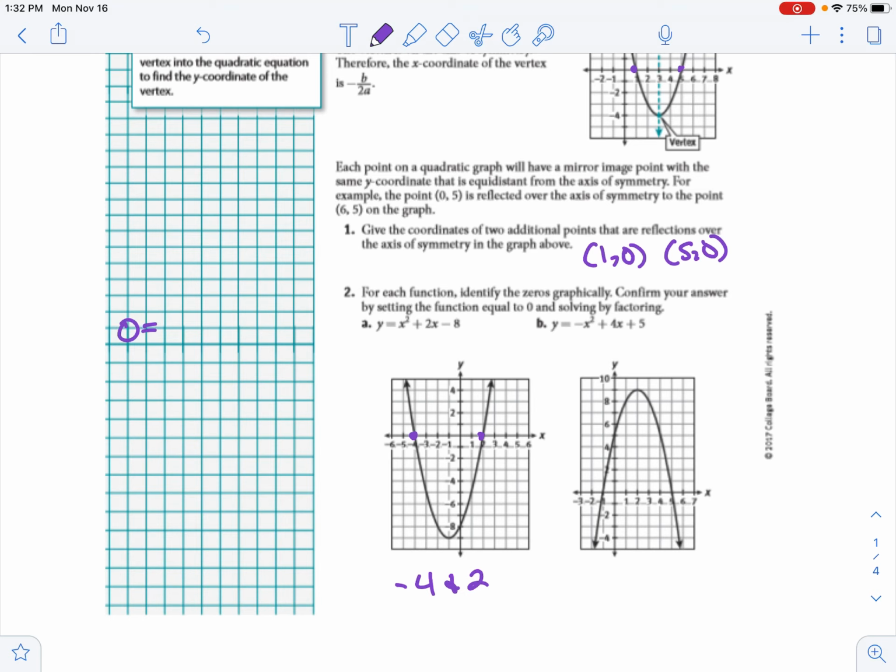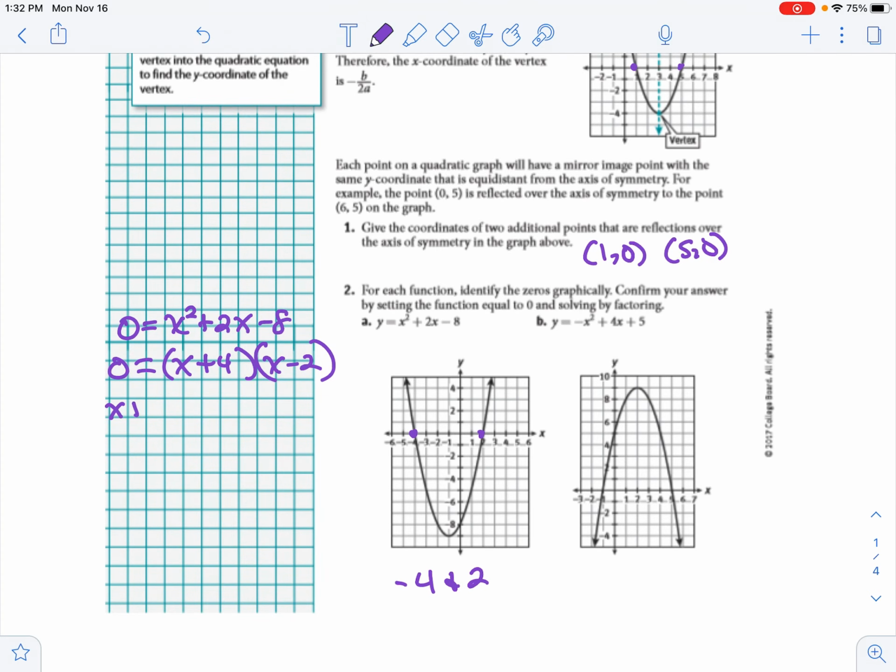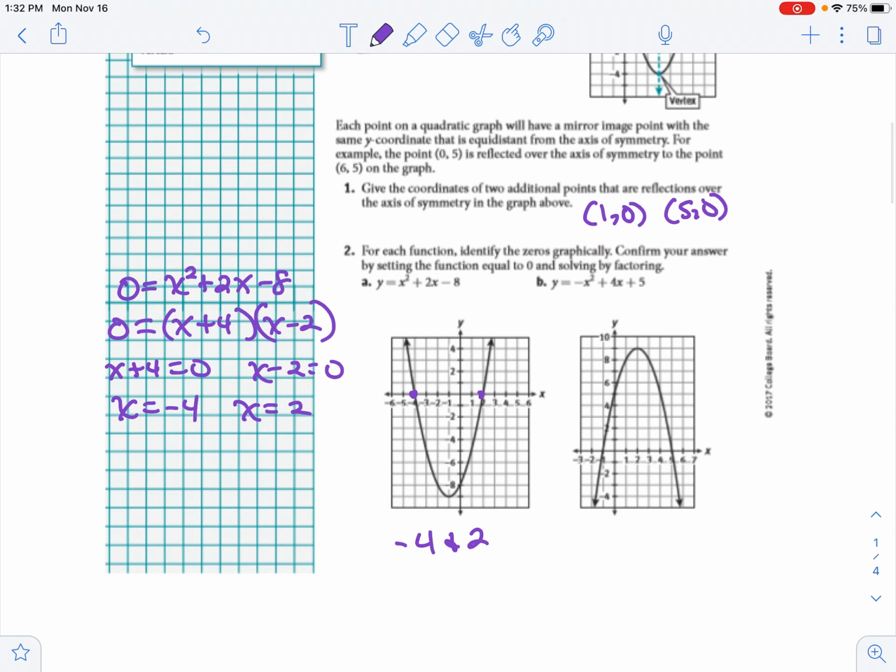So if I let 0 equal x squared plus 2x minus 8, and I factor it, x and x, then I need two numbers that multiply to negative 8, but add to 2. So that should be 4 and negative 2. If you set both of those equal to 0, we should get those intercepts that we saw before. So x equals negative 4, x equals positive 2. Those are our zeros.